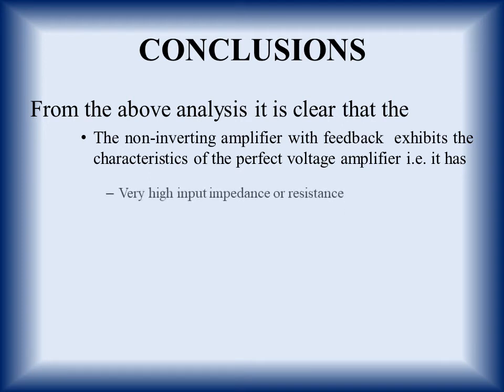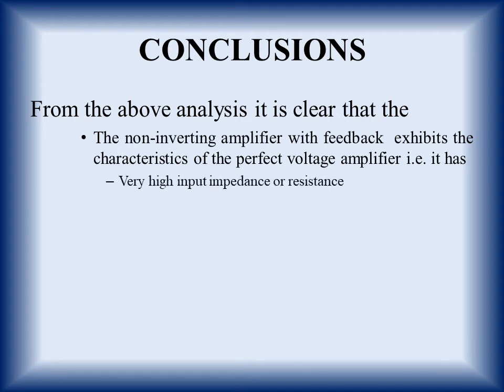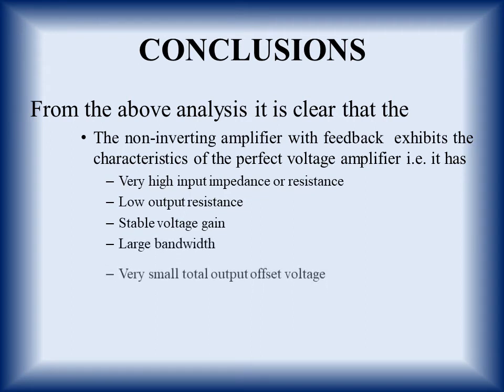It has very high input impedance, low output impedance or resistance. It has a stable voltage gain. It has large bandwidth and it has very small total output offset voltage. So this makes non-inverting amplifier with feedback a perfect voltage amplifier.